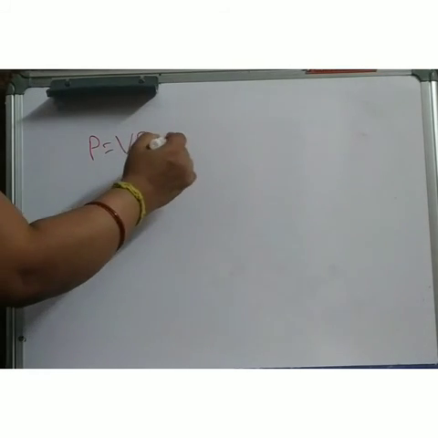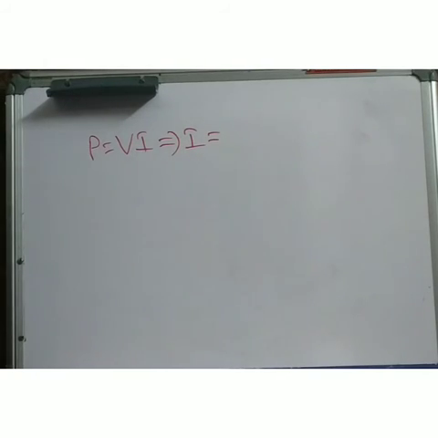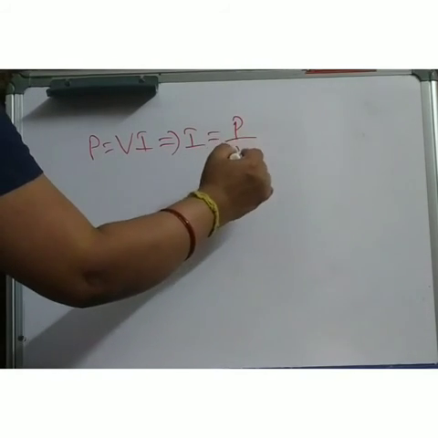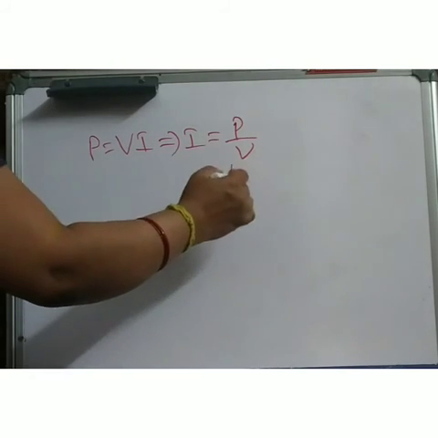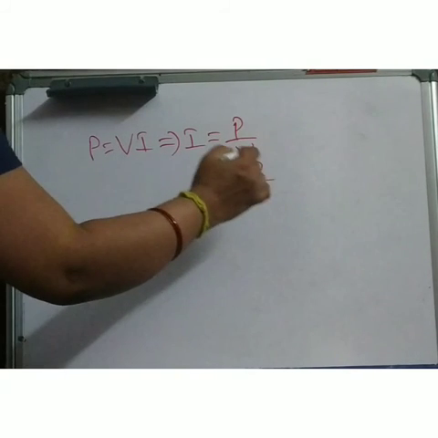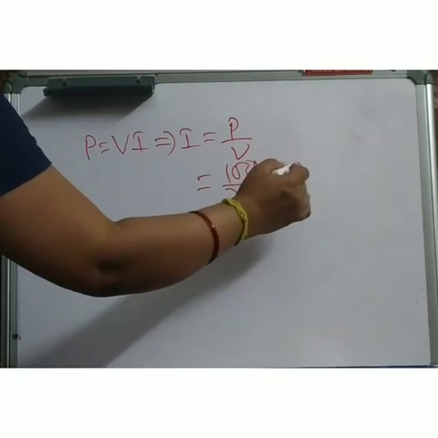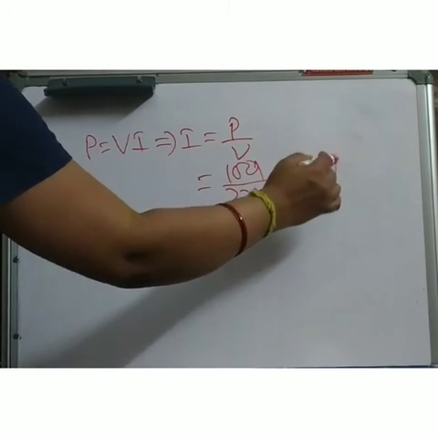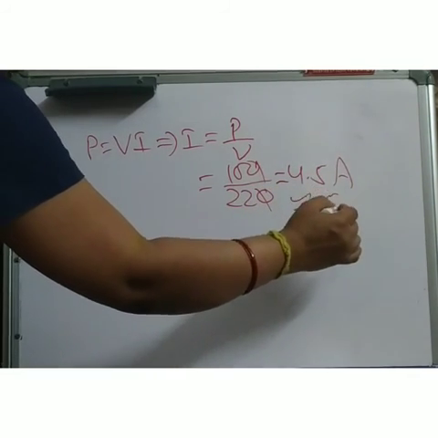So what is your I now? I will be P by V. In this case, P is given as 100, V is 220. So it is 4.5 ampere, nearly you can say 5 ampere.